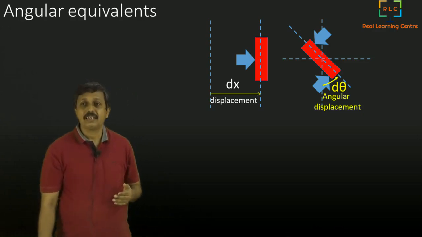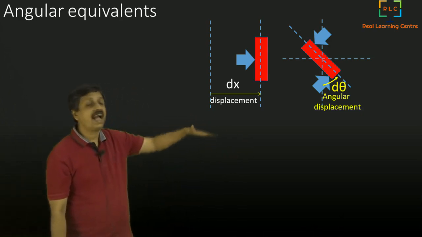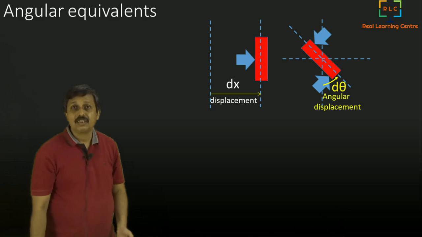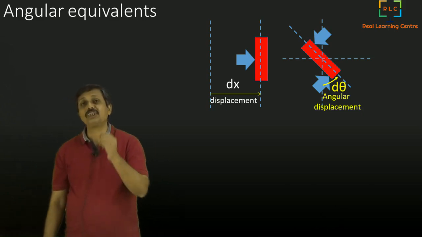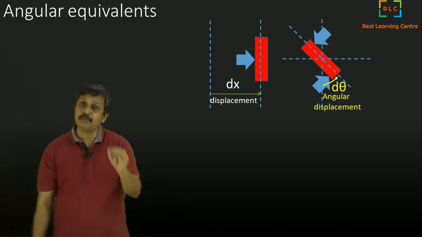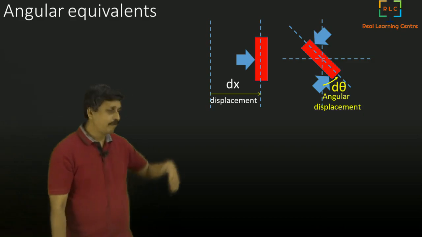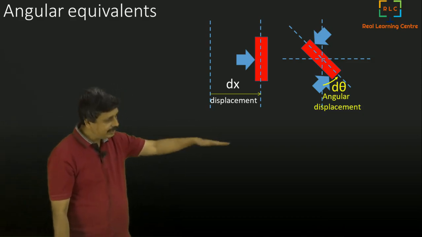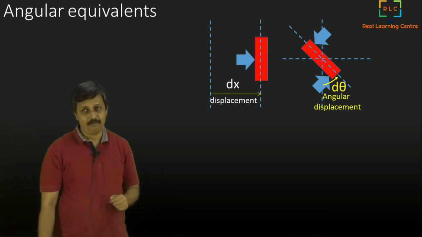That means it is not moving from position to position, but it is changing in angle. So theta is denoted for angular position, and angular displacement is d theta. The position has changed from vertical to this, and the change in the angle is d theta. We call it angular displacement.